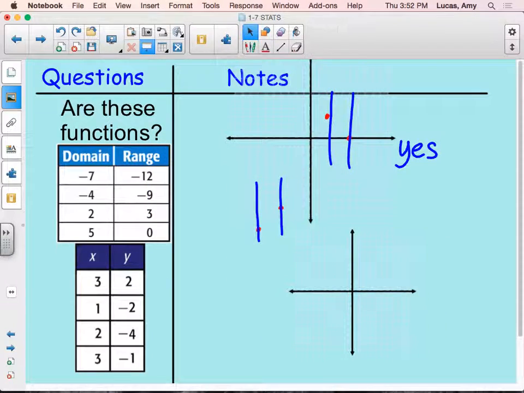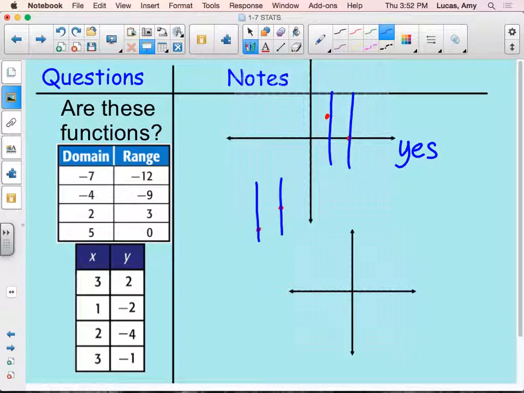So fit my graph over here. 3, 2. It's right here. 1, -2 down here. 2, -4. And then 3, -1. So if I draw vertical lines through these points, you see that this does not pass the vertical line test.